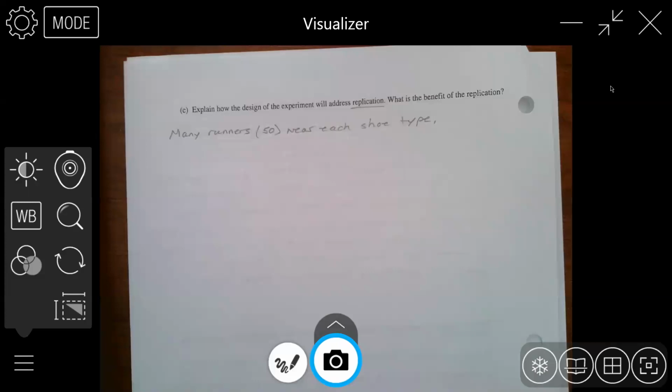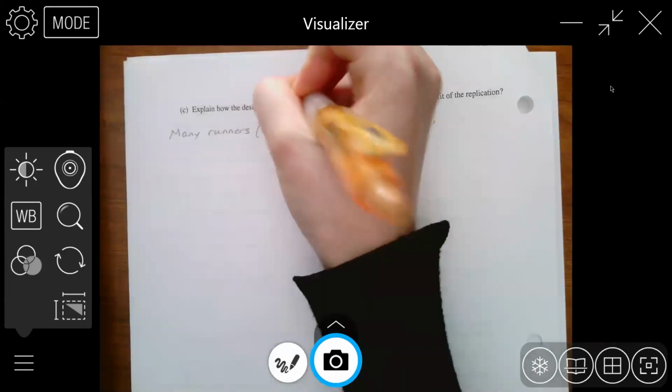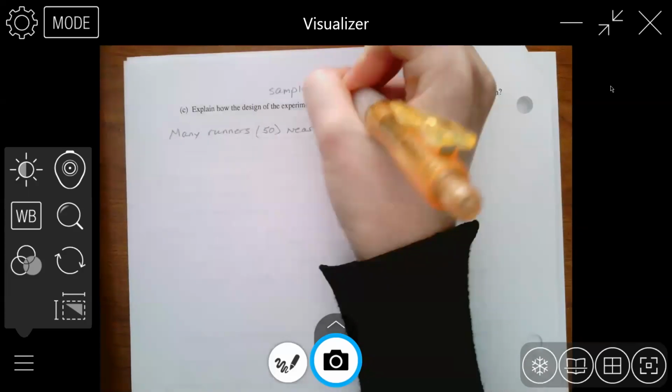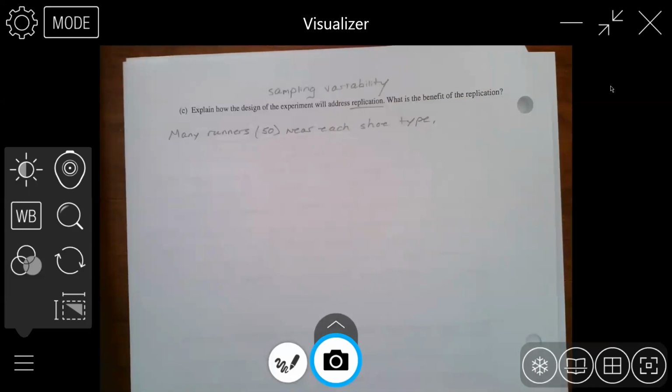So does anybody remember sampling variability? It was a special type of variation, and it didn't mean you were doing a bad thing. It's just when you have different people, even if they're all professional runners, there's going to be some natural variation going on in that group as it is, because they're just humans, right?